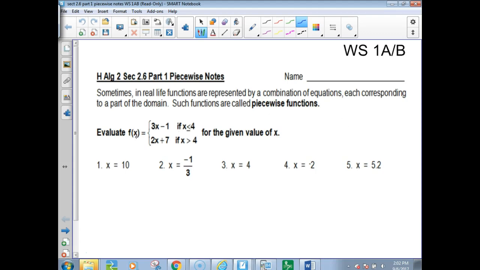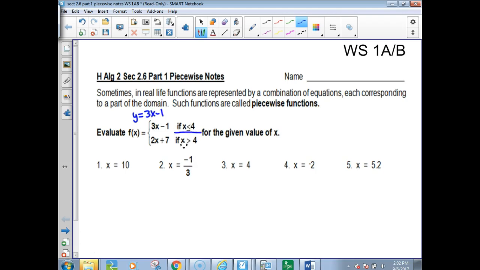Now this is not so applicable to real life as what I just said, but remembering that f of x is the same thing as y, it's just two pieces, two lines. The first part would be y equals 3x minus 1, for values of x that are less than or equal to 4.